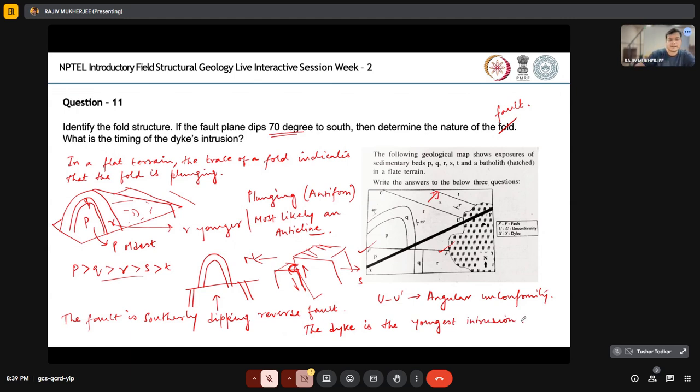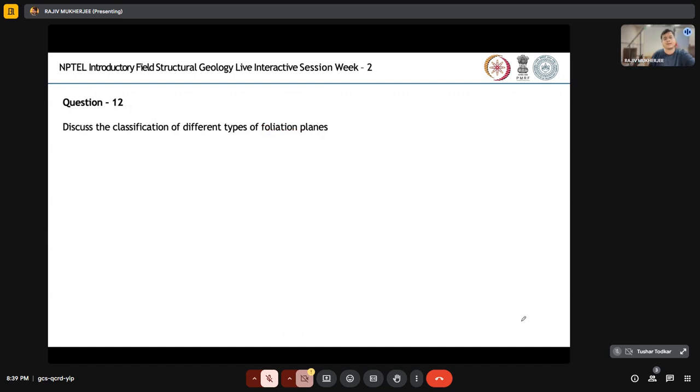Okay, so now let us move on to the next question. The next question is not exactly an MCQ, but I would rather like to give information about the classification of different types of foliation planes, mostly the secondary foliation planes, because this week we learned a lot about primary and secondary foliations.